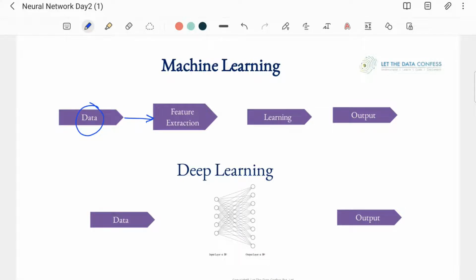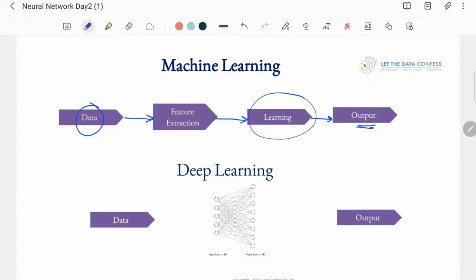I already have lots of information, but among it I select the pieces that might be helpful for predicting prices, and only then do I send them to my machine learning model, which learns that this was the price last year and these are the parameters it depends on. Now, if I ask what the price of this land will be after 20 years, I generate the output. This is machine learning.